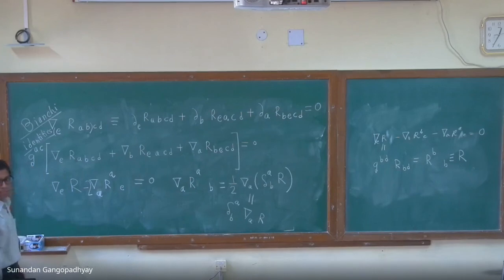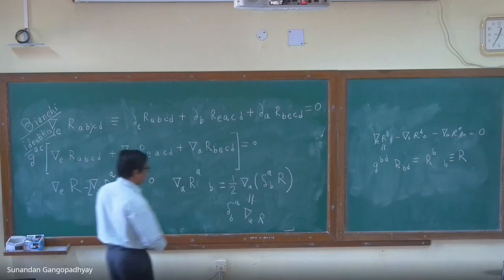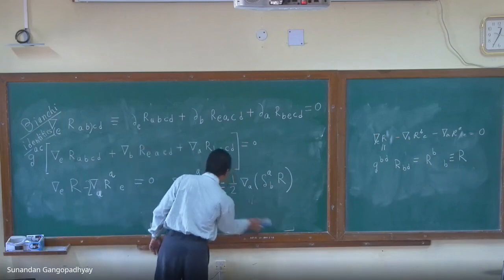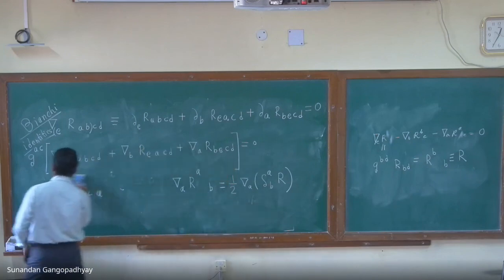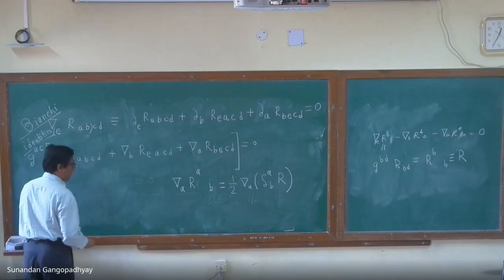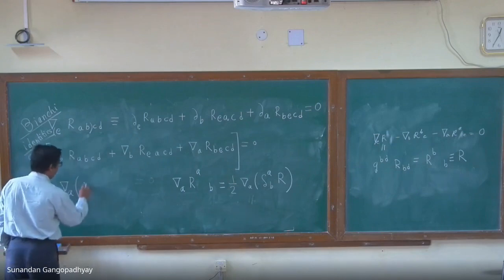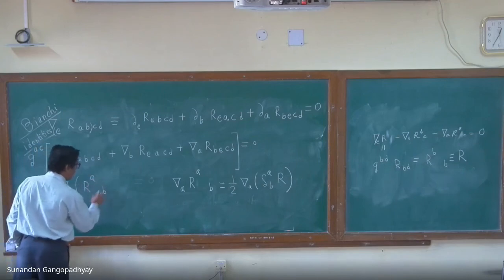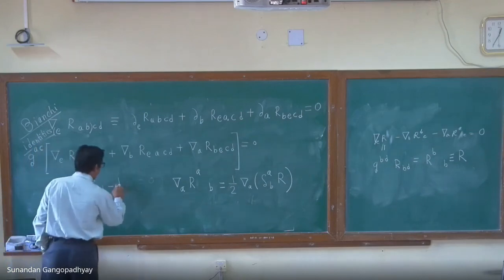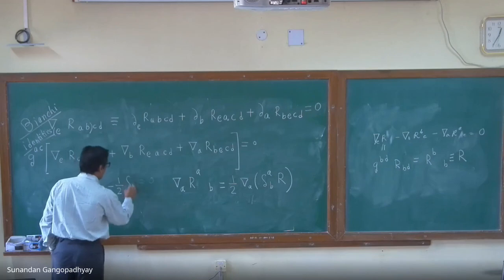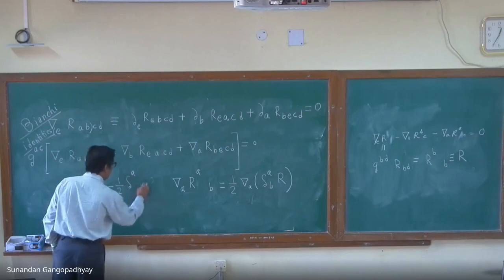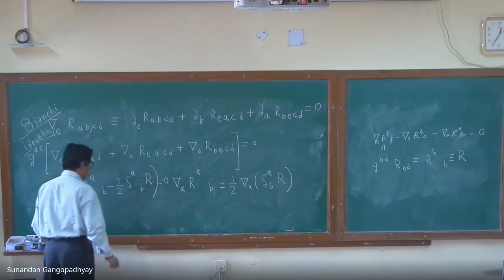Right, therefore what you get is grad a r a b minus half delta a b equal to 0.